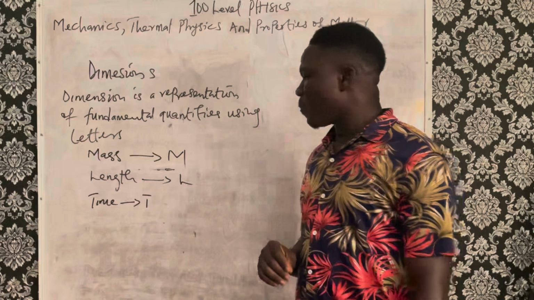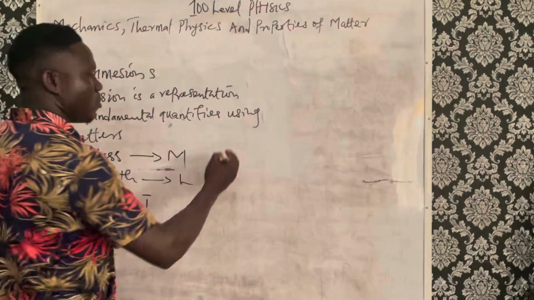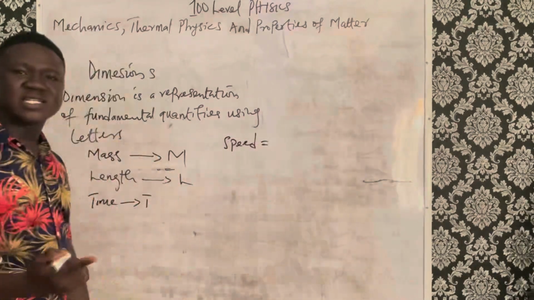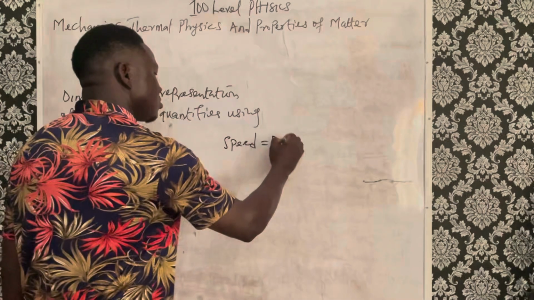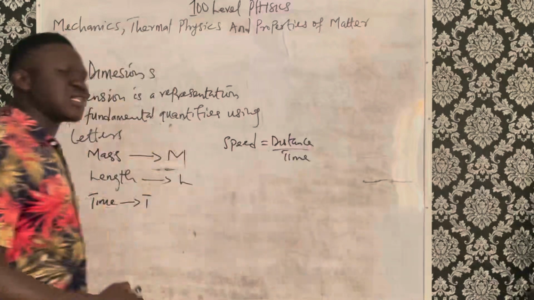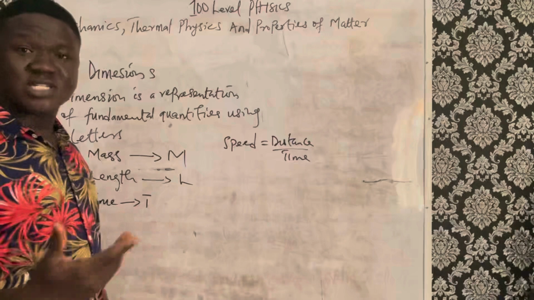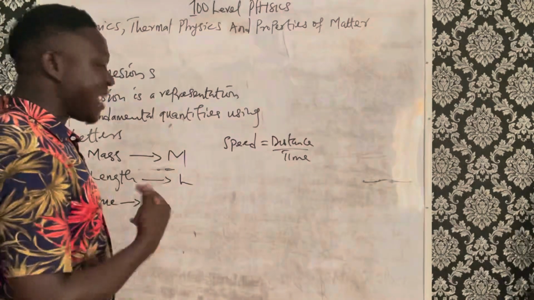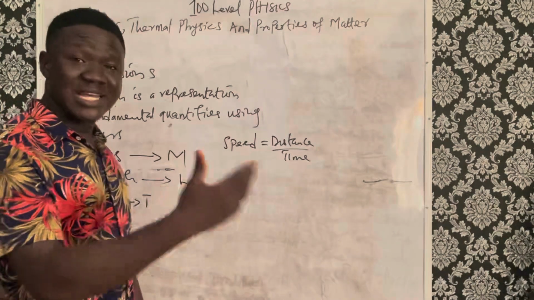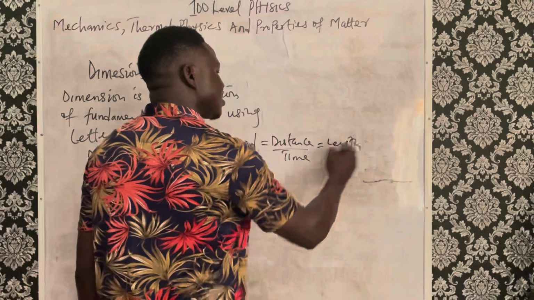For example, speed is equal to distance over time. From the first lesson, distance is also length. If I'm moving along a length, that's called distance. So I can say this is length over time.